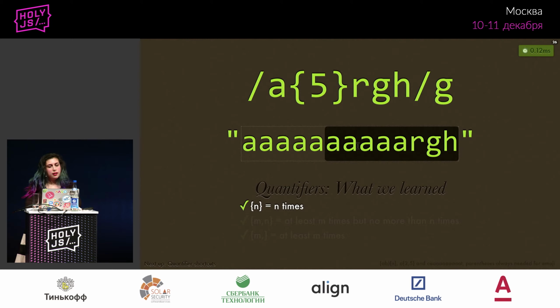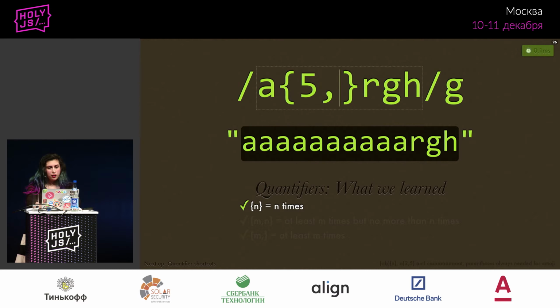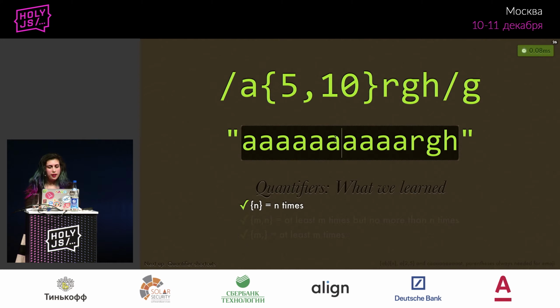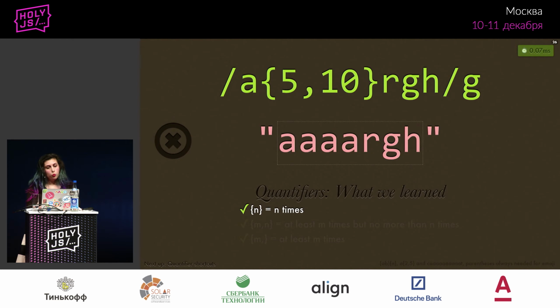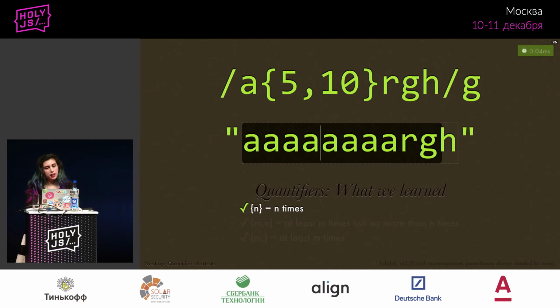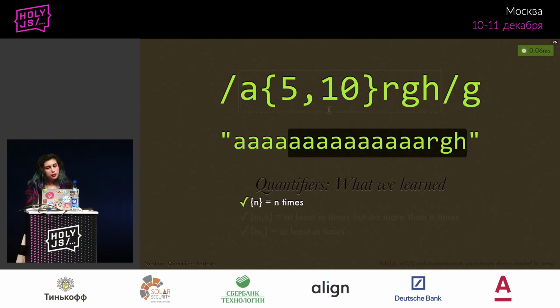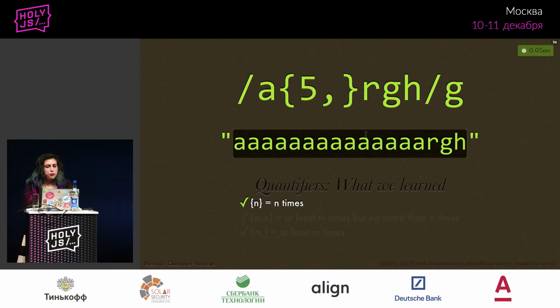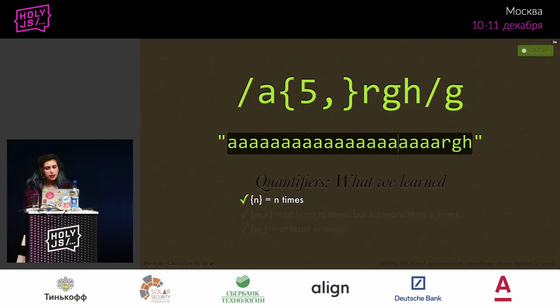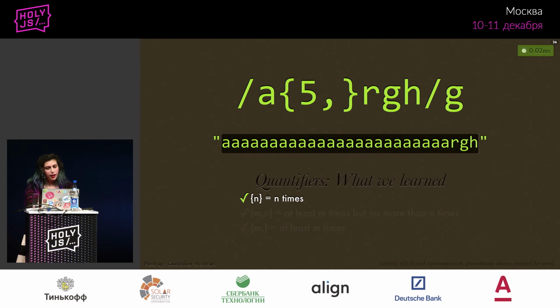But this syntax is not just syntactic sugar. It lets you do things that you can't do with just literal strings. For example, you can match anything from 5 to 10 A's. And now it matches when you have at least 5 A's, but you can keep adding A's and it still matches. And you could even say at least 5 A's, and now it matches as many A's as you want to have.